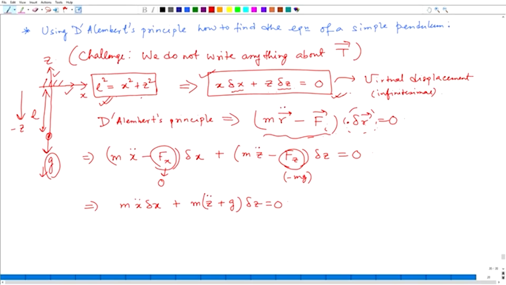Okay. So, you will have then two equations, one is this one, the other one is this one. You can just put this thing over here.